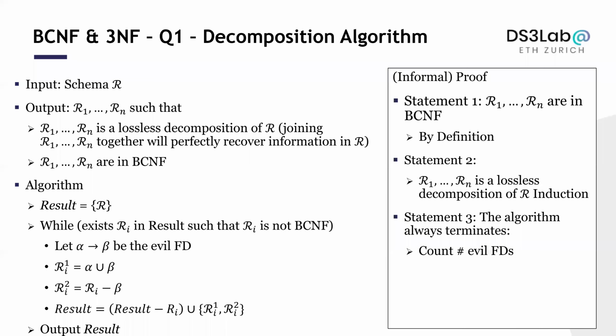And because the total number of evil functional dependencies is finite, you can only do a finite number of decompositions until the algorithm terminates. That is why the algorithm will always terminate. You put together all three statements, each of them easy to prove, and you get the proof of the correctness of this algorithm.